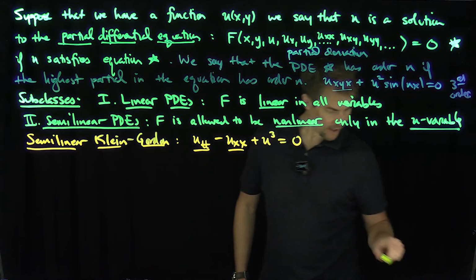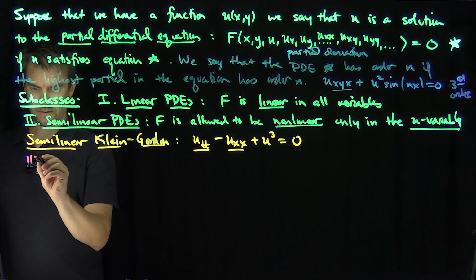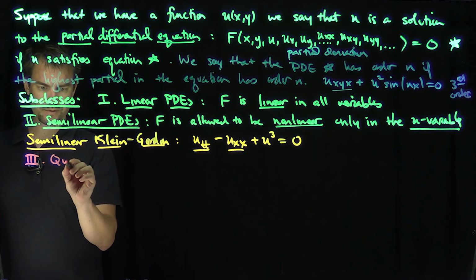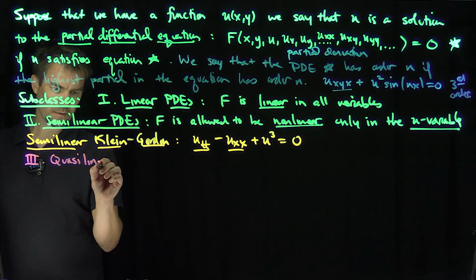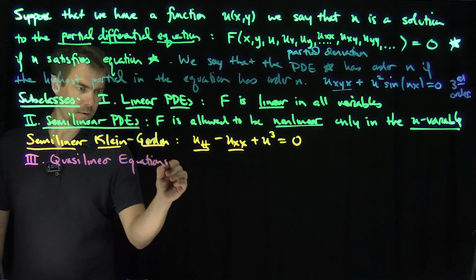Good. All right, what's the next one to do? The third class is quasilinear equations. Okay?